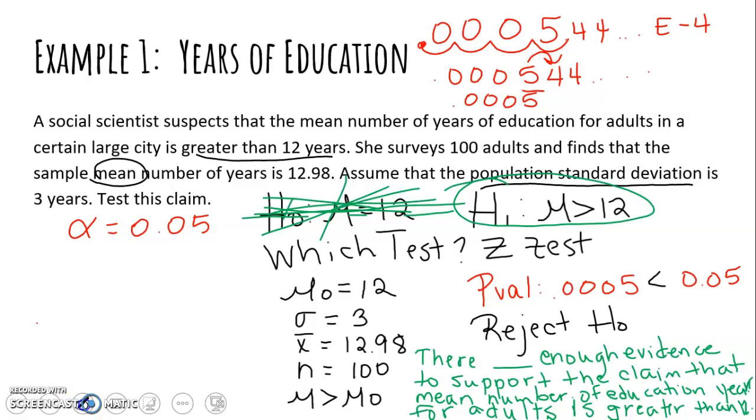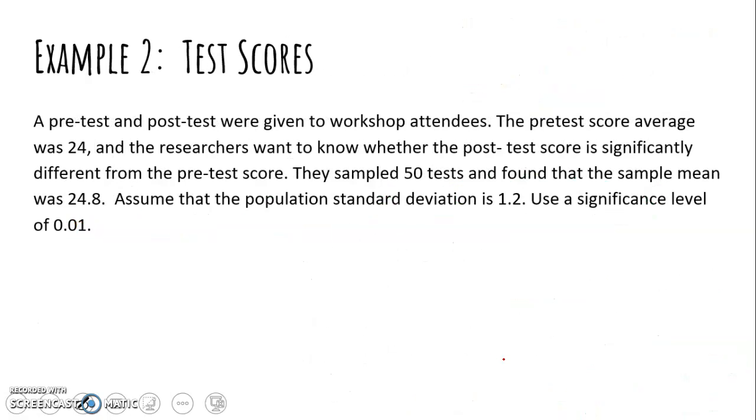So there is enough evidence to support the claim that the mean number of education years for adults in a certain large city is greater than 12. So when we reject the null, there is enough evidence to support the claim. If we fail to reject the null, there is not enough evidence to support the claim.